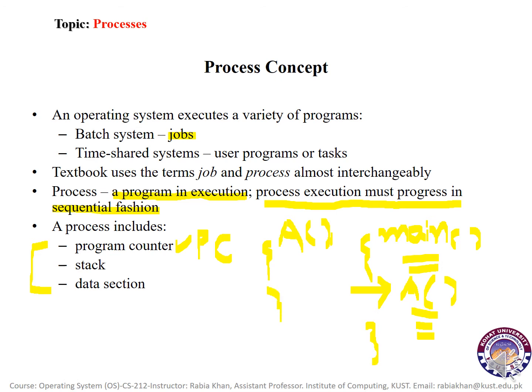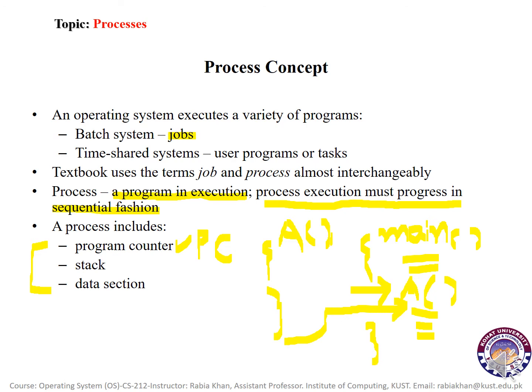And when function A completes its execution, the control of processor needs to come back to main. Now where in main? Either start of the main, mid of the main, or end of the main. Generally, the control is transferred to the next executable statement after the calling function.